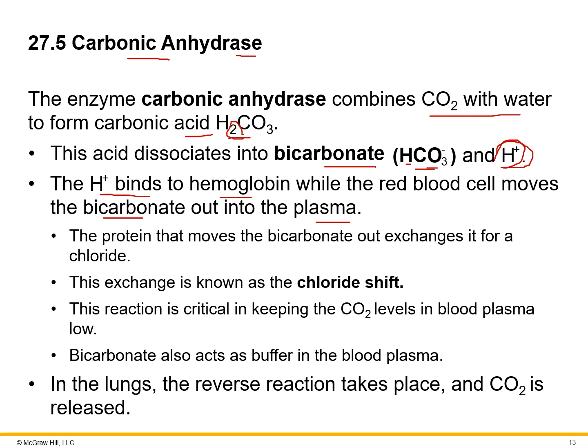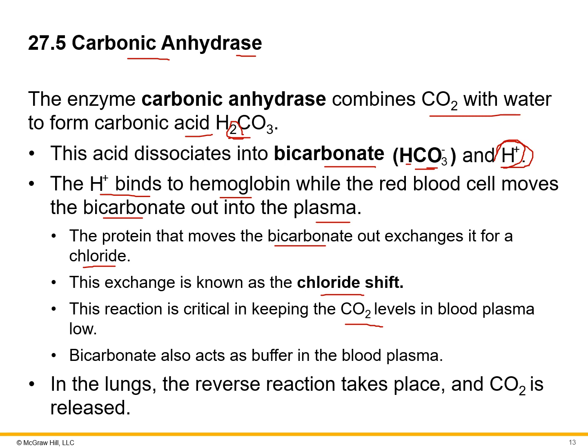So again, that protein moves the bicarbonate out and exchanges it for chloride. So we get a little exchange here, and this is referred to as chloride shift. So this reaction is very important to keeping that carbon dioxide level in the blood low, because remember, we need it to be low so that it flows out of our cells as waste from a high to low concentration.